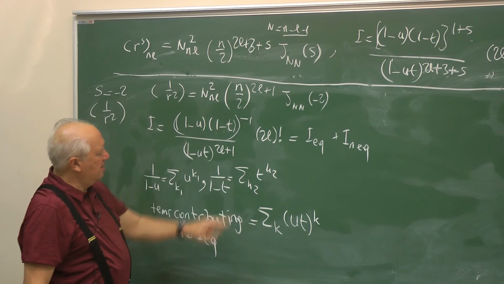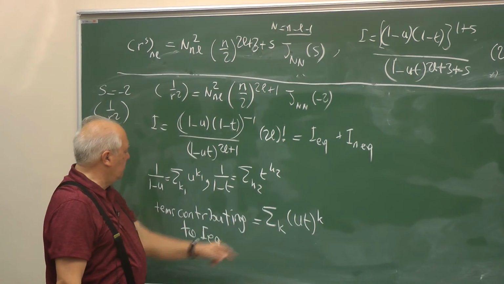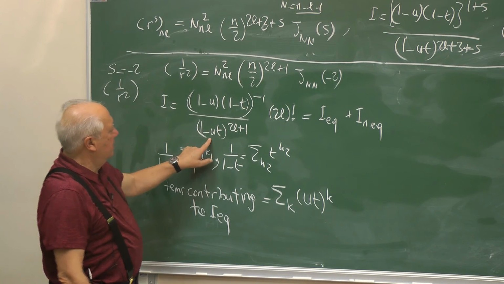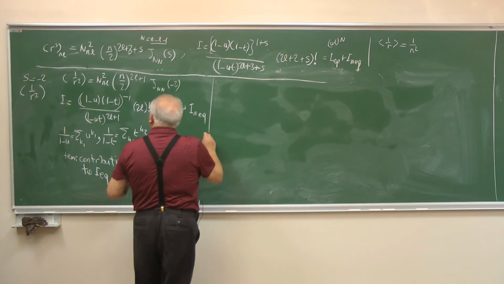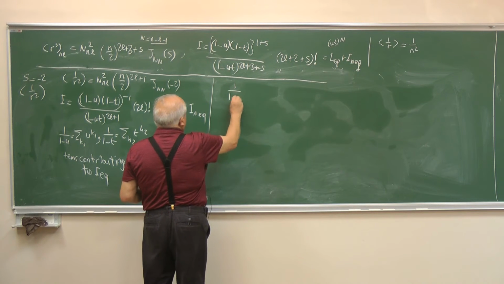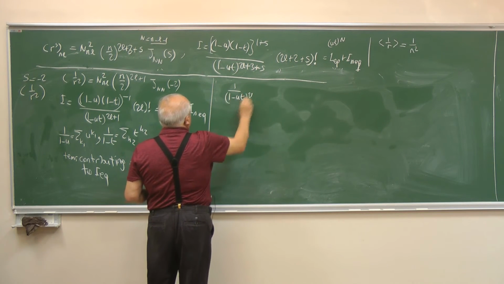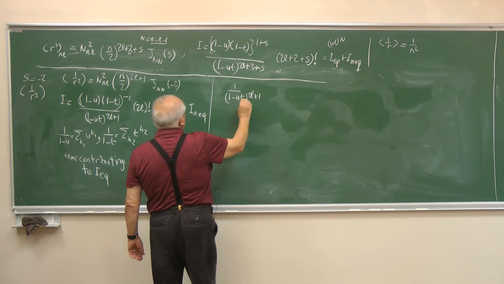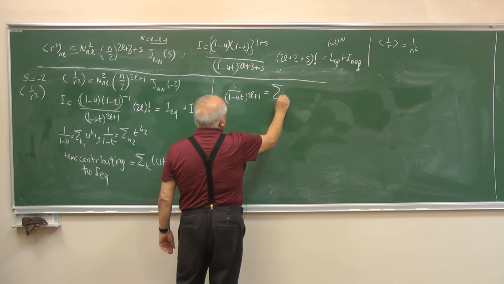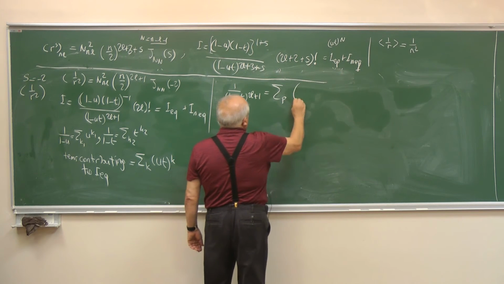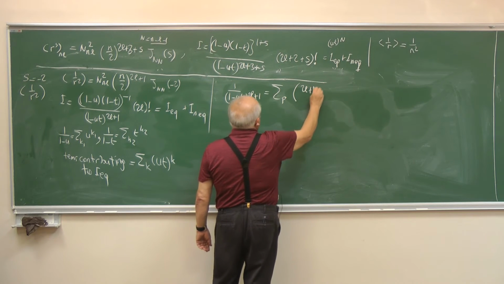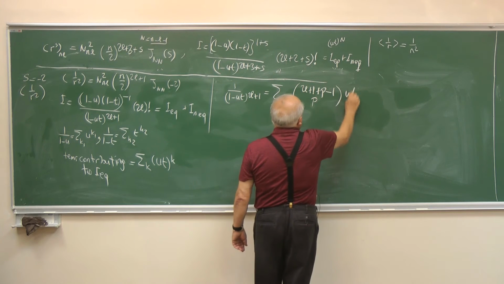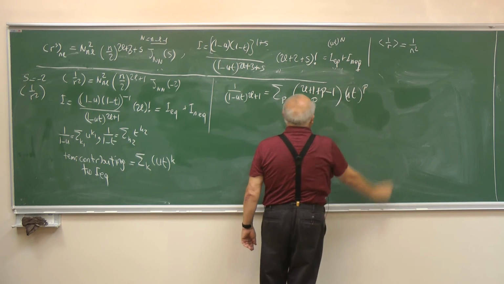Namely, from this double sum, we only use this one. This is the one that contributes to that. How about that one? One minus ut to the minus 2L plus 1 is equal to sum over p of binomial 2L plus 1 plus p minus 1, p, ut to the p.